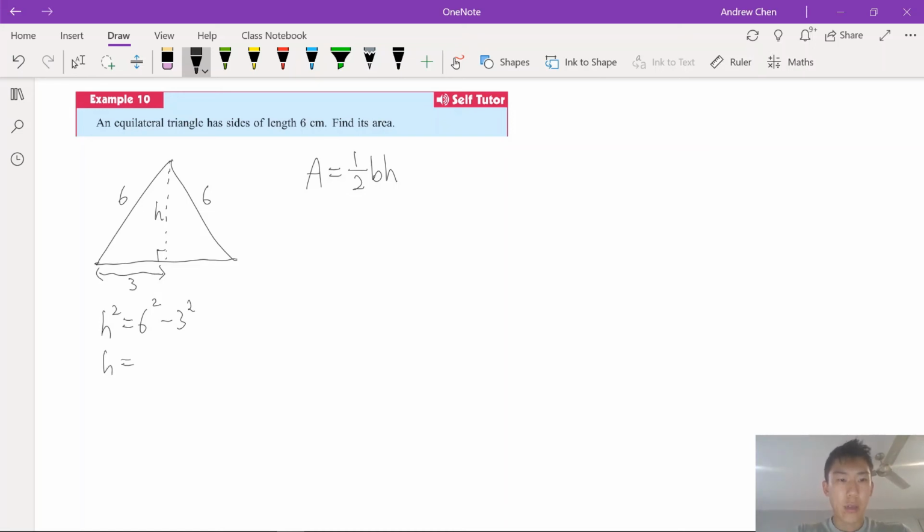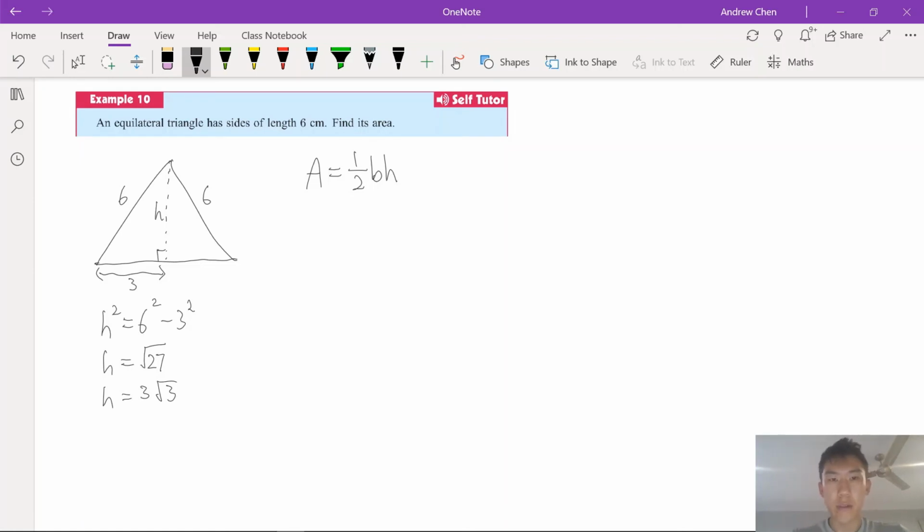So h equals the square root of 36 take 9, which is 27. We can simplify that: 3 root 3.